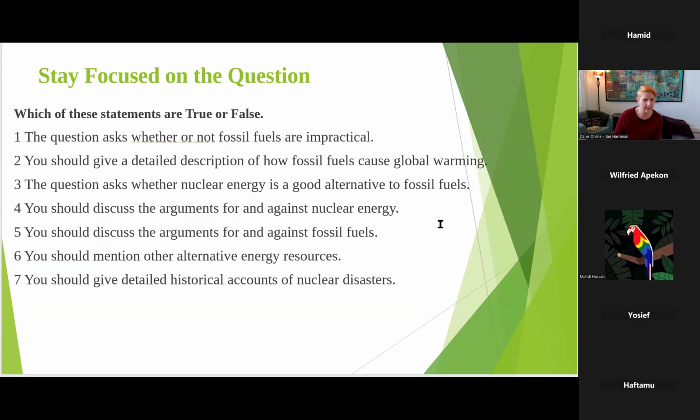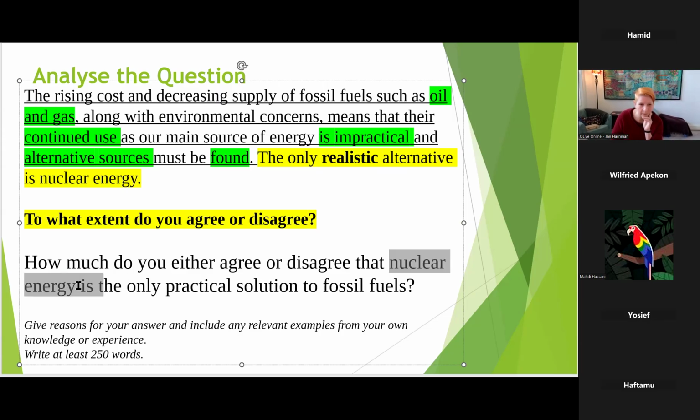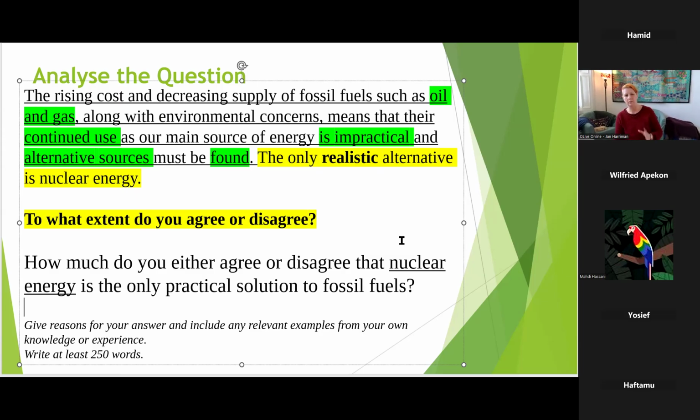All right, that was another analysis. So now we know what we're asking. The real question is, how much do you agree or disagree that nuclear energy is the only practical solution to fossil fuels, which we've already set up as our background, that fossil fuels have to be replaced.